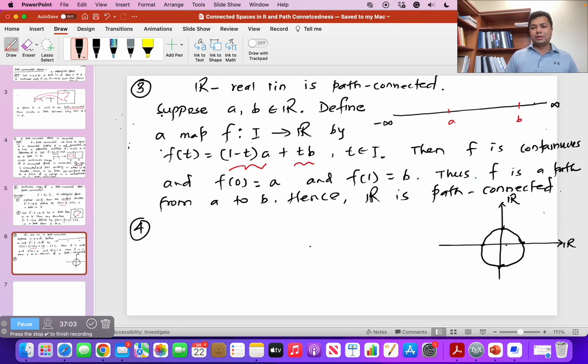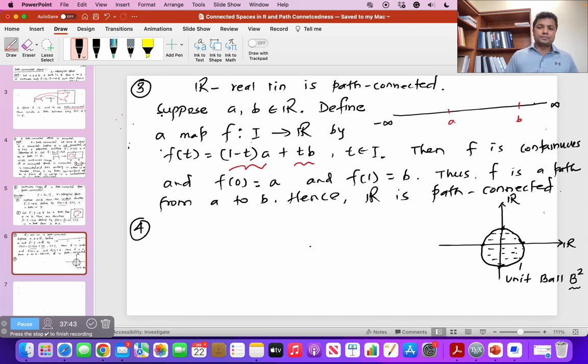The unit ball is the set of all the points on the unit circle and also the inner part of the unit circle. This is called the unit ball in R2, which is denoted by B2. This is the notation that we use to denote the unit ball.